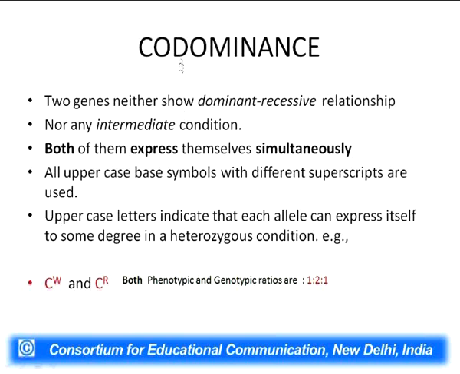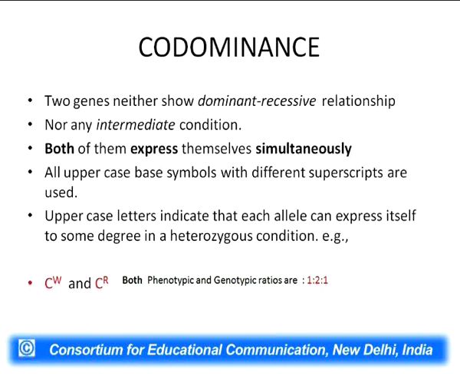Talking of another deviation, which is codominance. Co means together. Now, both of the genes which are present in this combination would not show a dominant recessive relationship. So, for some time we will have to divorce the idea of capital T and small t, or capital R and small r.